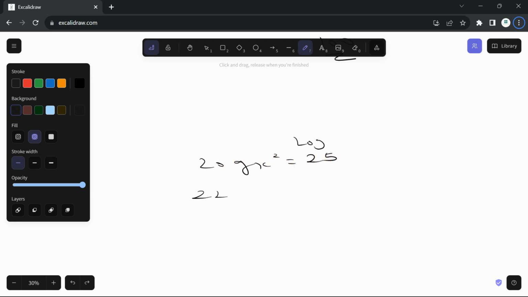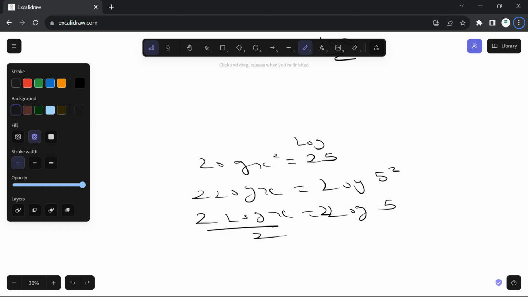That'll be 2 log x is equal to log 25. 25 is like saying 5 squared, so 2 log x is equal to 2 log 5. I can divide both sides by 2. 2 will cancel 2. And we have log x is equal to log 5. If I do a comparison of both sides, you can see that x is 5. So you can see this is actually a very valid method.